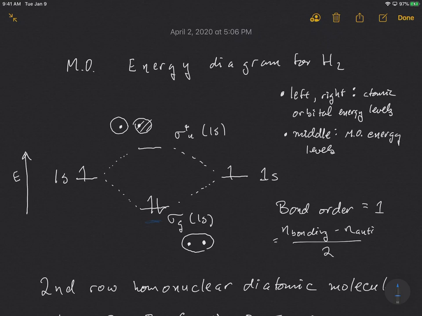And then, of course, we show where the electrons are for the ground state, or perhaps an excited state electronic configuration if you're talking about an excited state. But here we're talking about the ground state. Both of these electrons go into this sigma g orbital, so we have one up spin electron and one down spin electron.